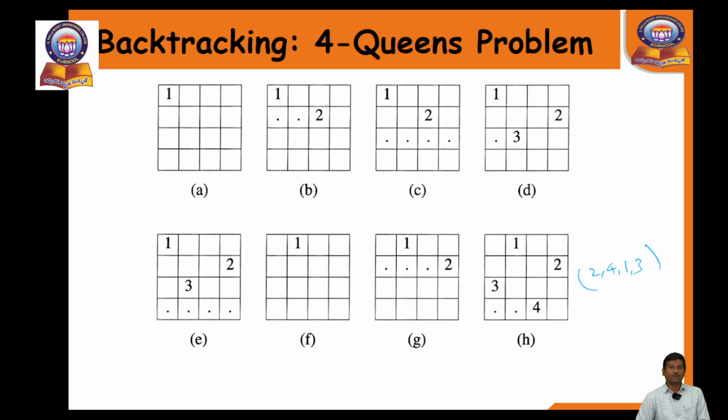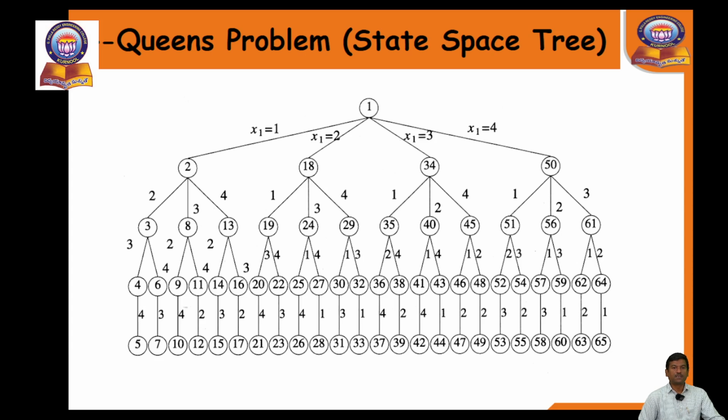But to consider how many such solutions can be found, this is where we can identify the state space tree diagram. The state space tree diagram indicates x1 equal to 1, that is queen 1 is placed in the first row, first column, and alternatively you can place queen 1 elsewhere. Here it is represented as x1.